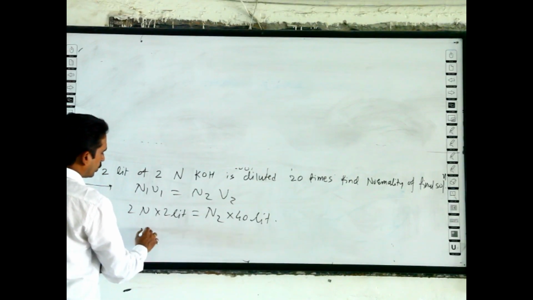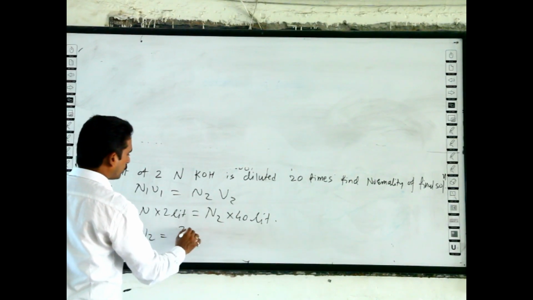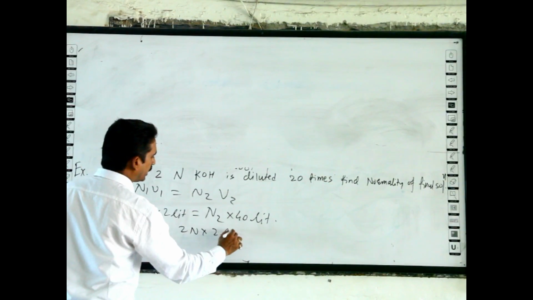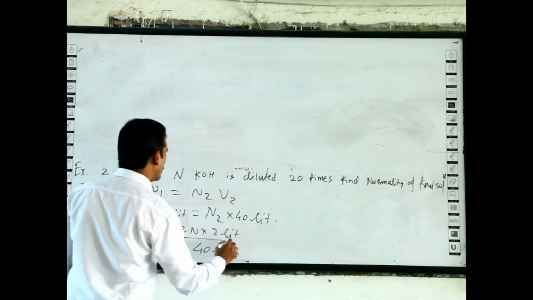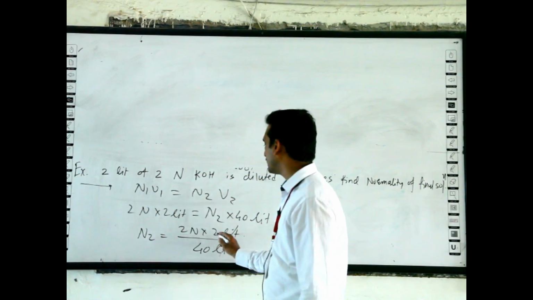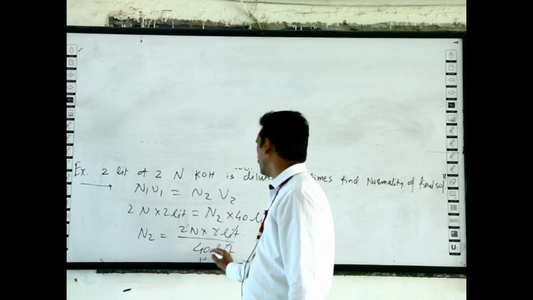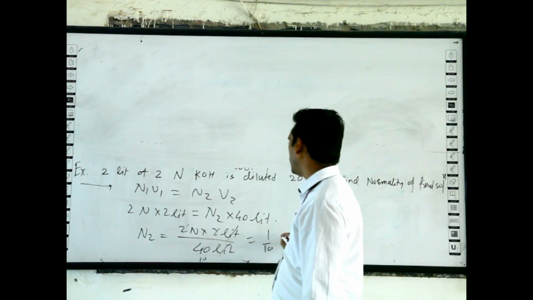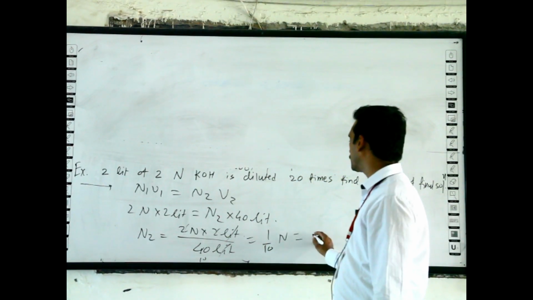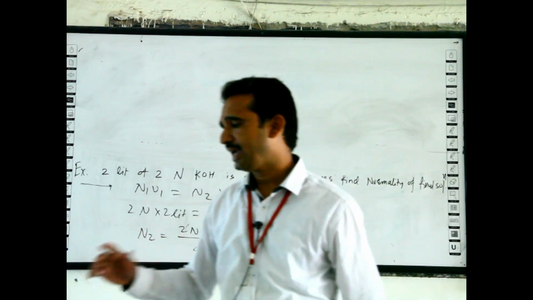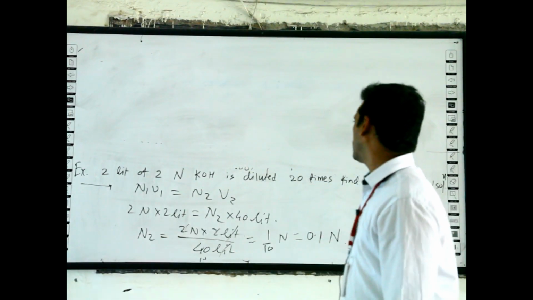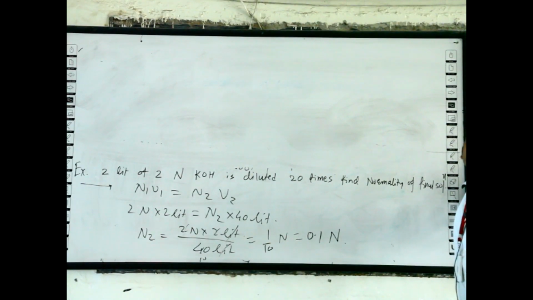Here N2 equals 2 normal into 2 liter divided by 40 liter. Here liter gets cancelled, 2 over 40 means 1 by 10 normal, equals 0.1 normal, will be the answer.